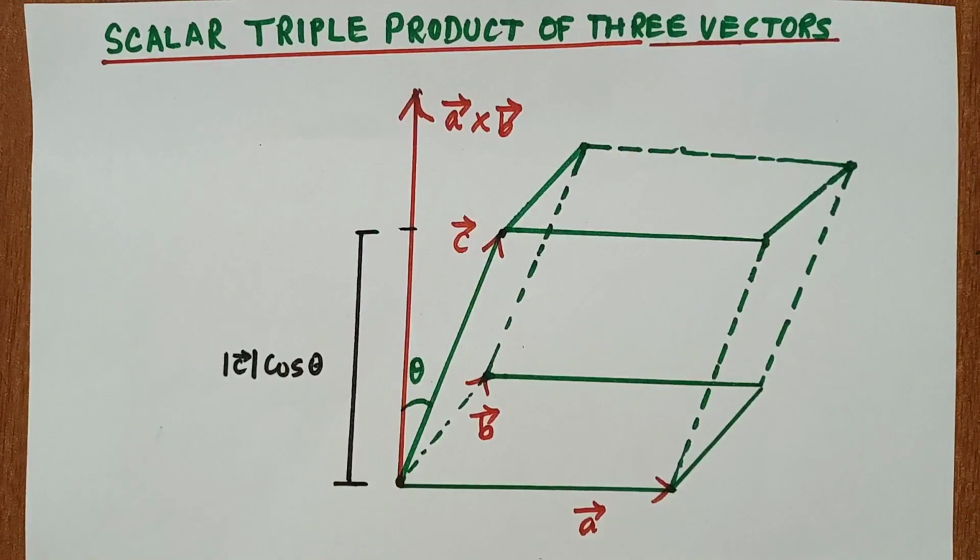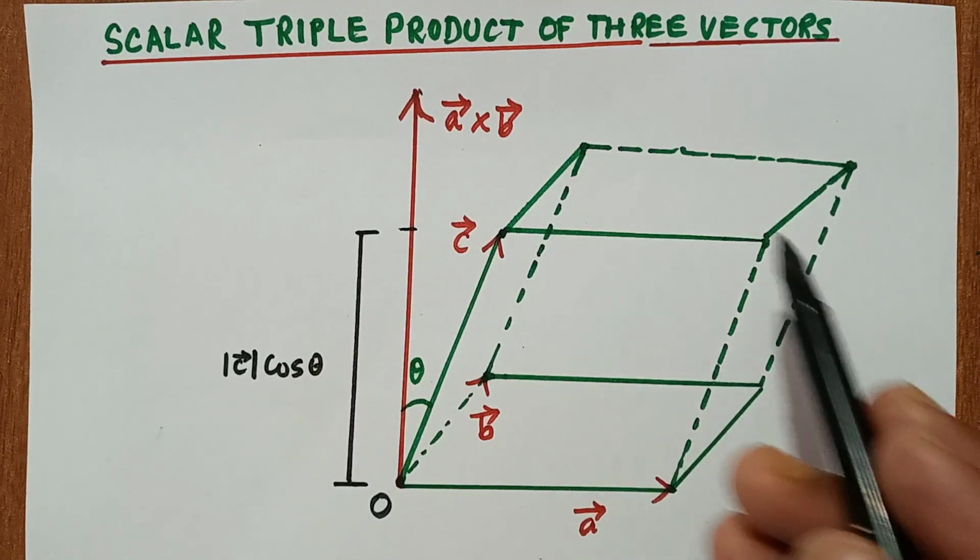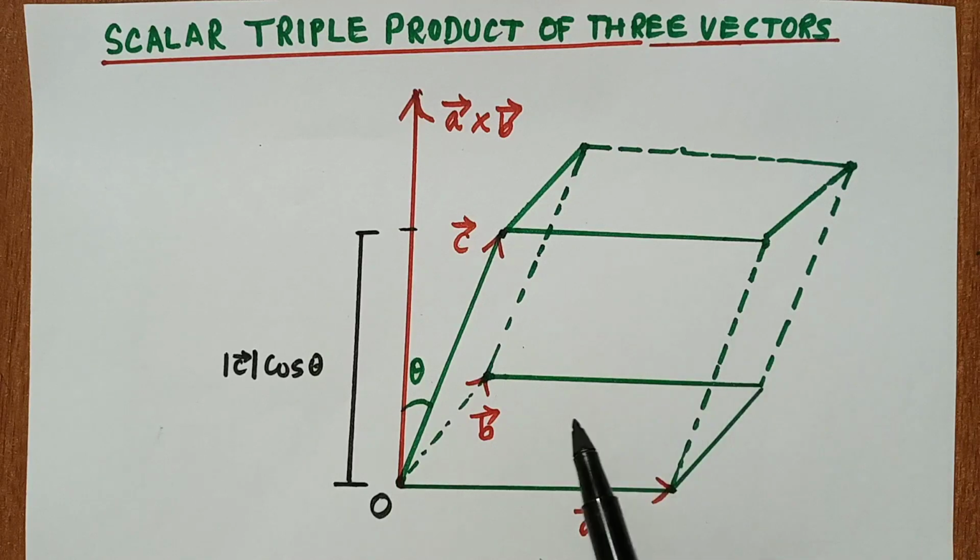So now the geometrical interpretation of the scalar triple product. Let A, B and C be three vectors. So this is a parallelepiped. This parallelepiped contains six planes.